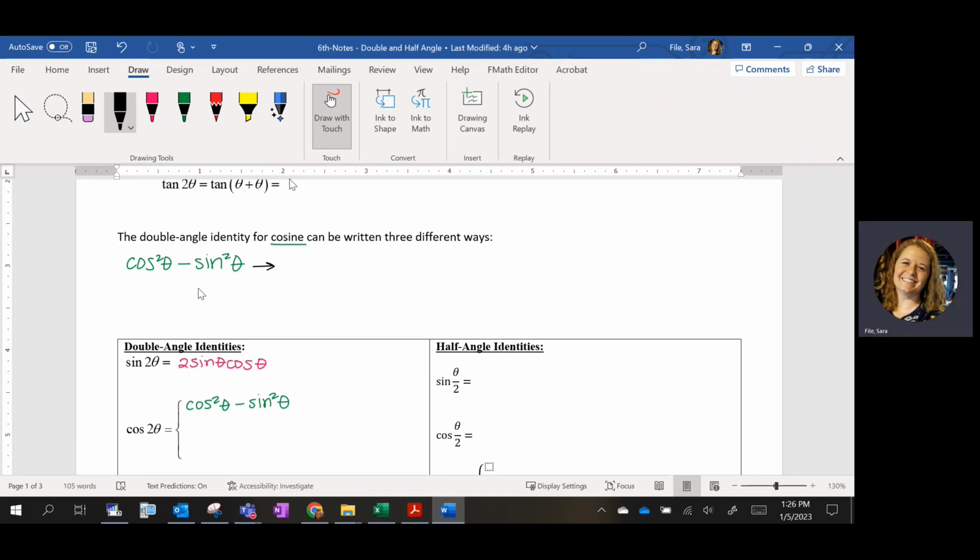We could use the Pythagorean identity to substitute for one of the pieces here. Not the whole thing together, because there's no way in the Pythagorean to get cosine squared minus sine squared. But individually, I could replace just this piece with the Pythagorean identity. What would just that piece equal?